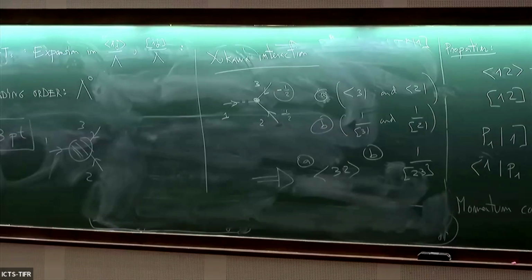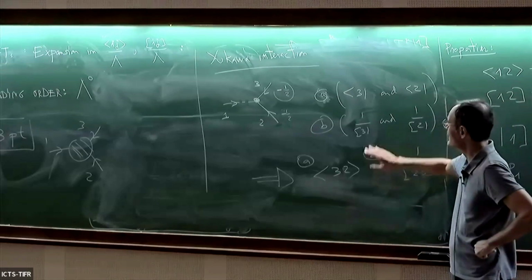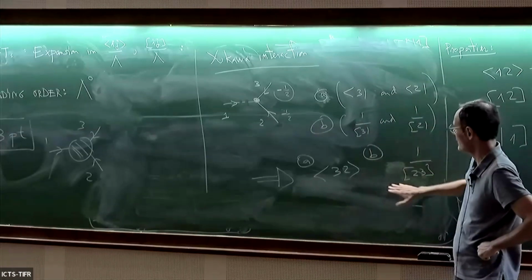This is first. Now the second question. There are two constraints: dimensional analysis and this. All these constraints tell me that this has to be proportional to this or this.